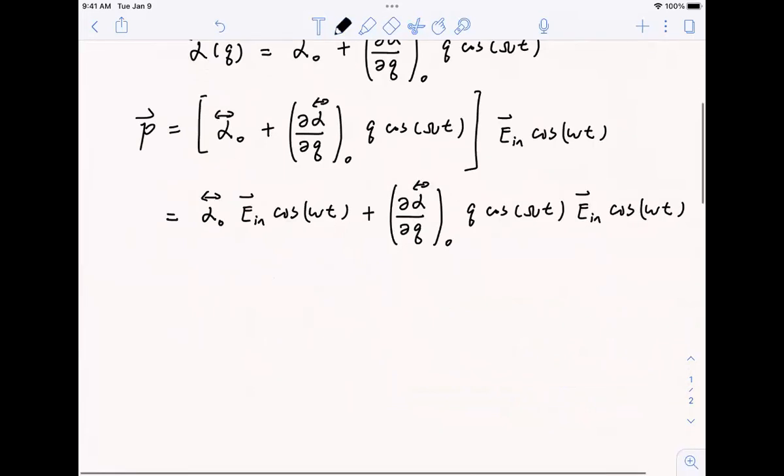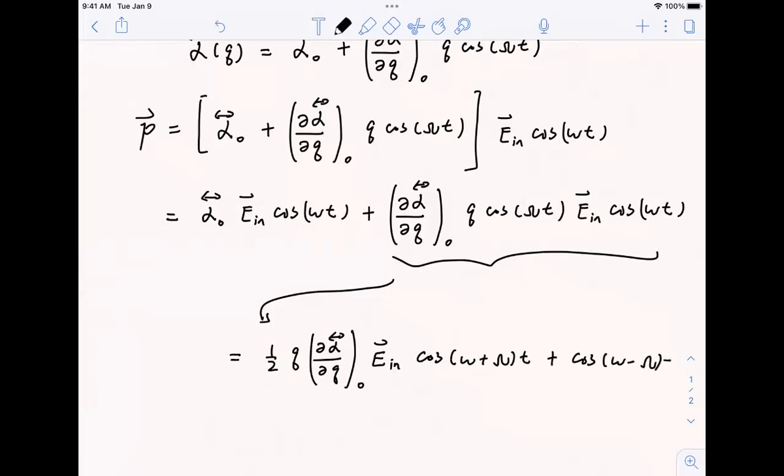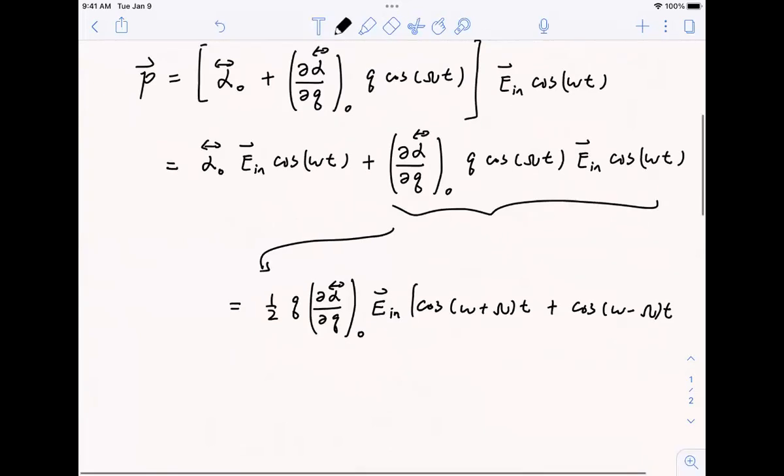Okay, so this is the inelastic scattering, so we're going to focus on this one. This will be equal to one half Q E incident cosine of omega plus big omega t plus cosine of omega minus big omega t.